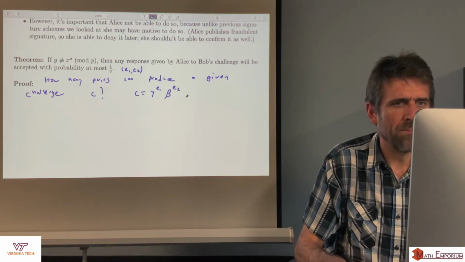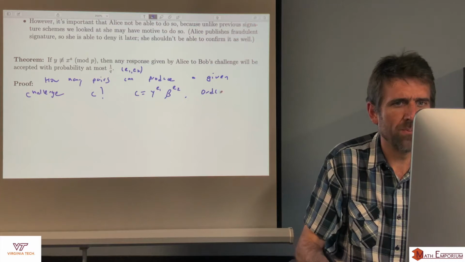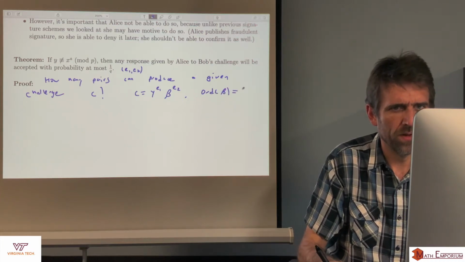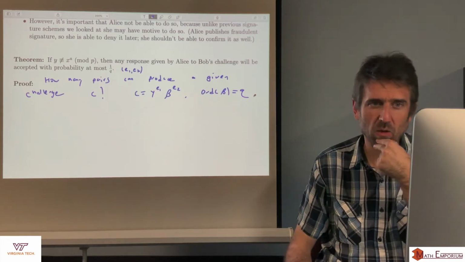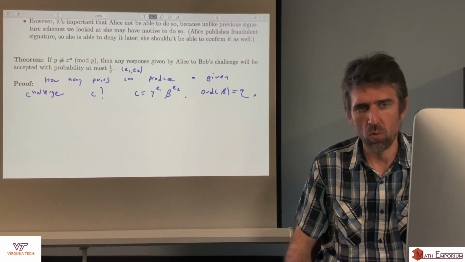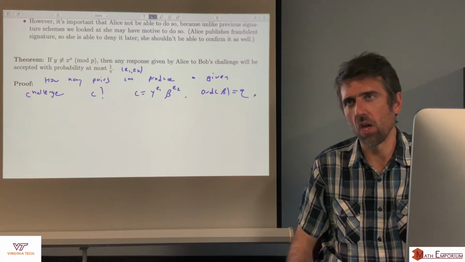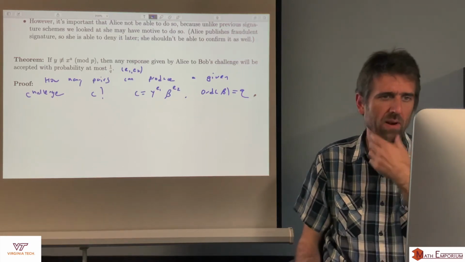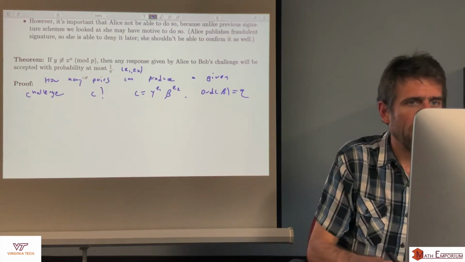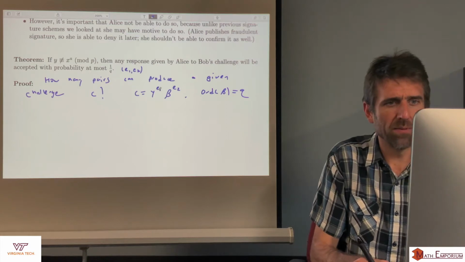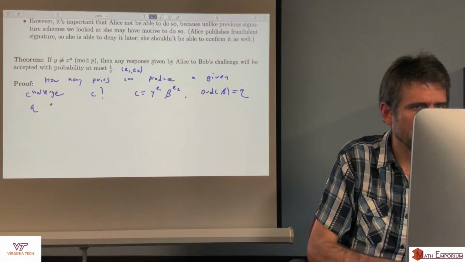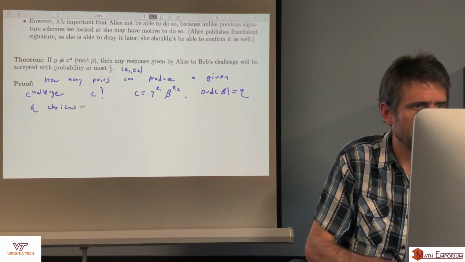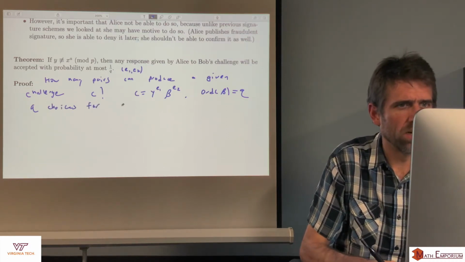All right, the order of beta is q, because it's a non-identity element in a group of size q. So its order could only be 1 or q by Lagrange's theorem, but it's not 1, so it has to be q. And there are q possible choices for each of these exponents. So there are q choices for e1.